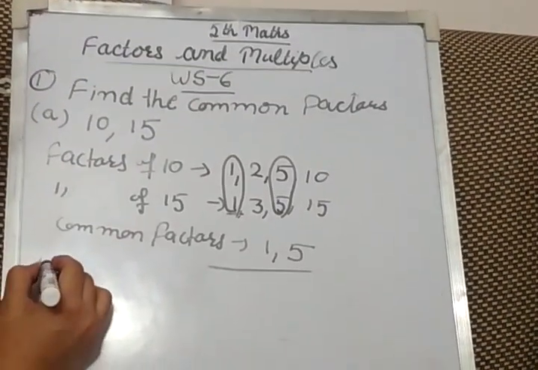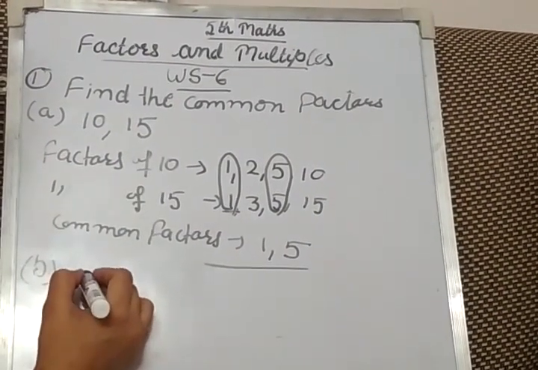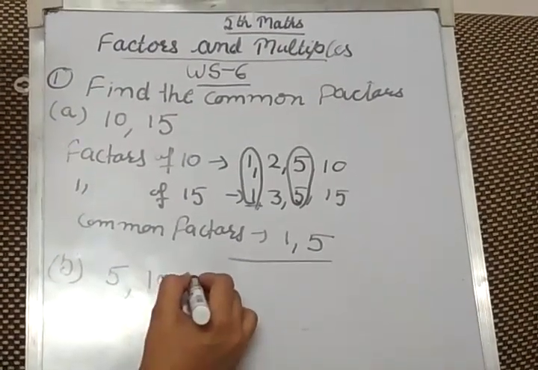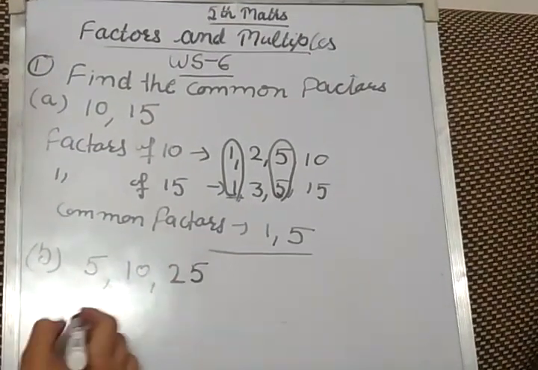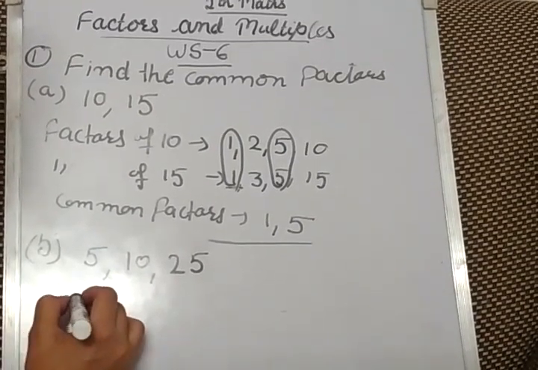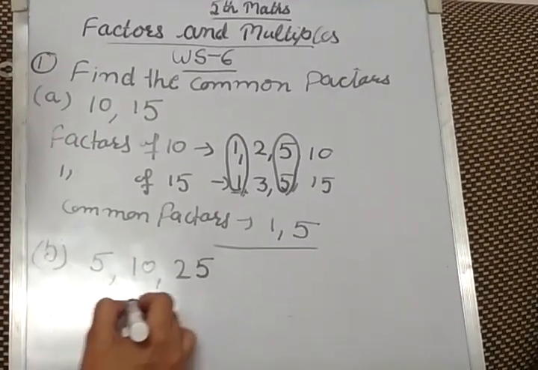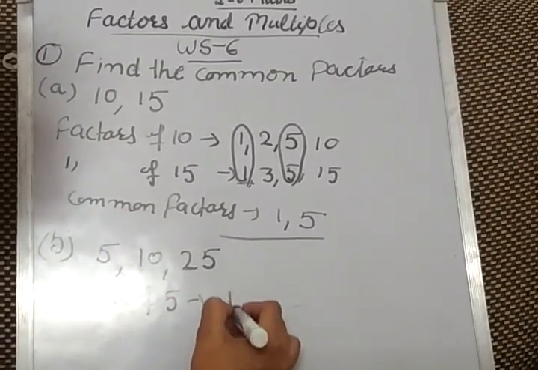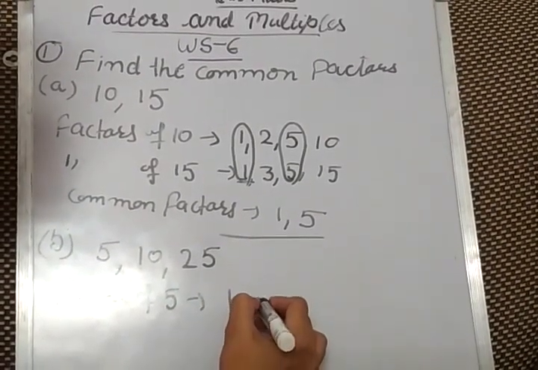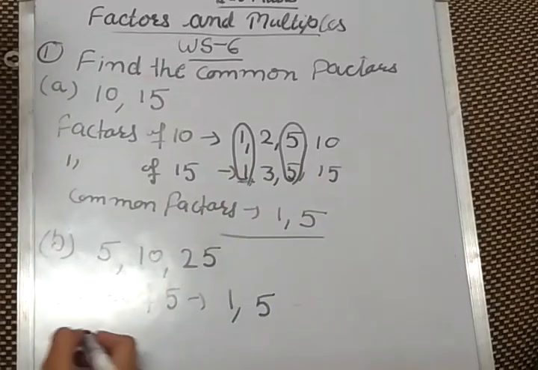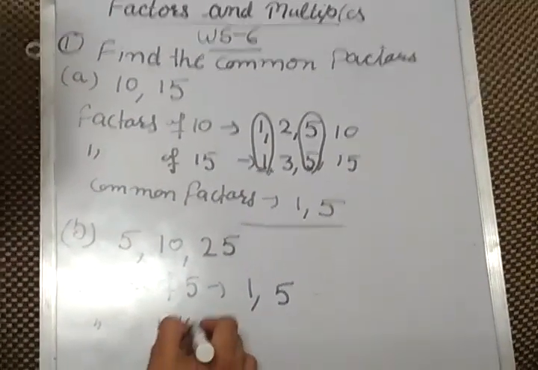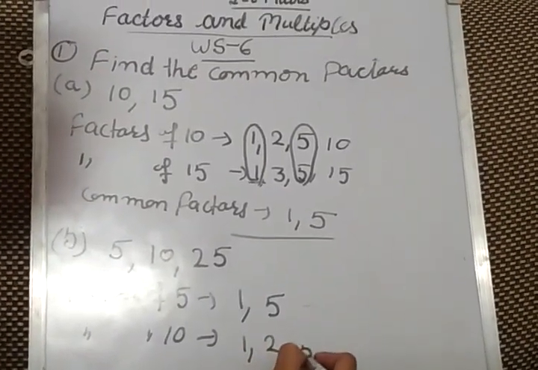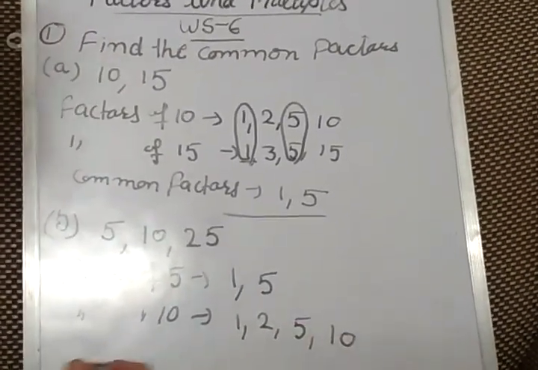Next is the B part. In the B part, 3 numbers are given: 5, 10 and 25. Firstly write the factors of 5. Factors of 5: 5 comes on the table of 1 and 5. And the factors of 10. You have already written the factors of 10 here: 1, 2, 5 and 10.